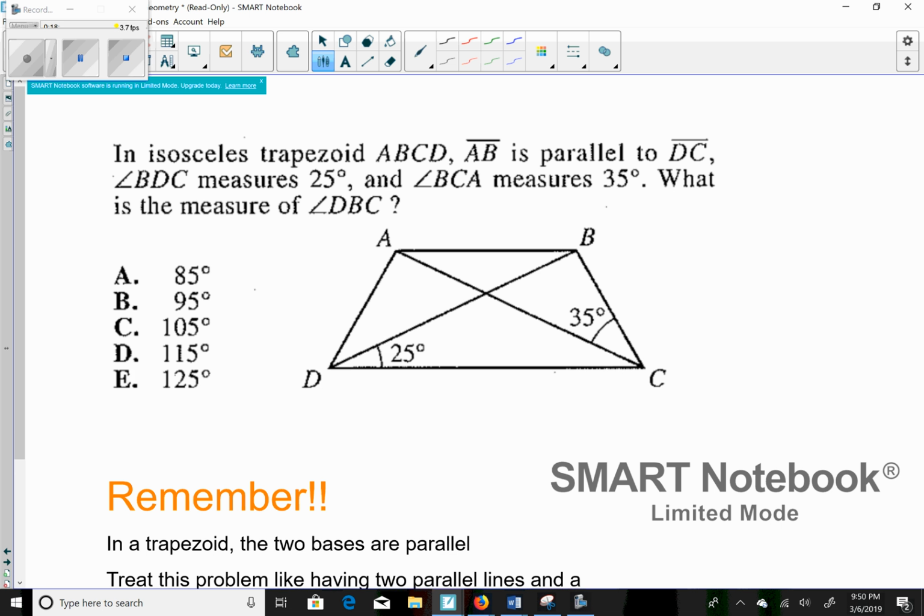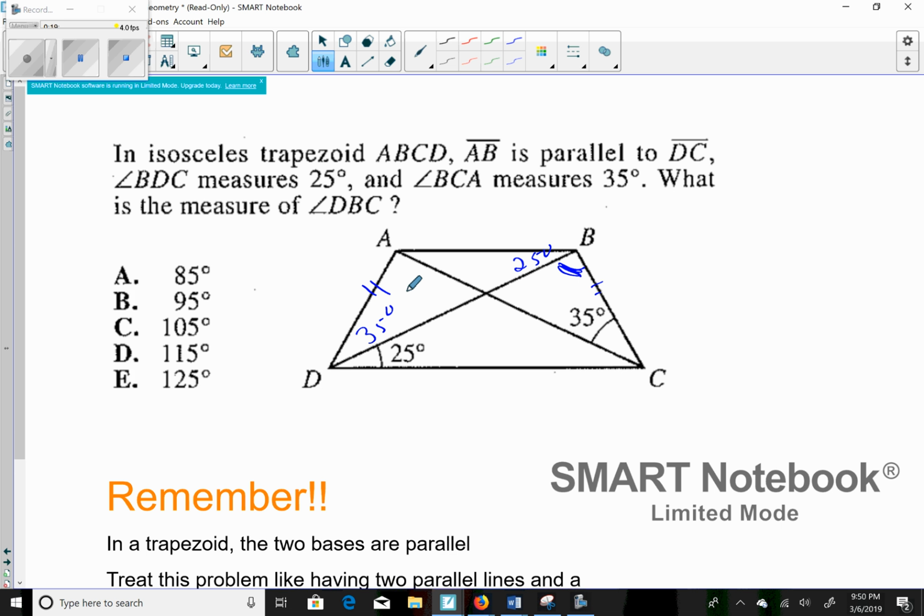So this is what they're looking for, this angle right here. If this is 25 degrees, and I have these parallel lines, then I know that this is 25 degrees because there are two parallel lines cut by a transversal. And since this side is congruent to this side, I'm going to end up finding that this angle here is also 35 degrees.